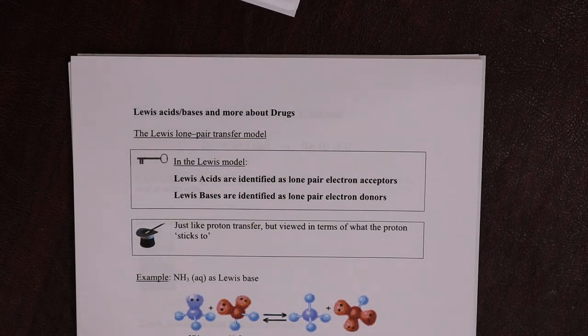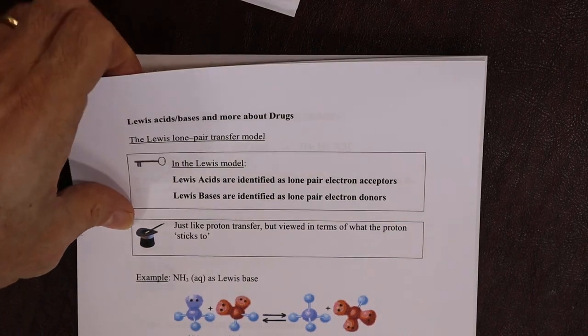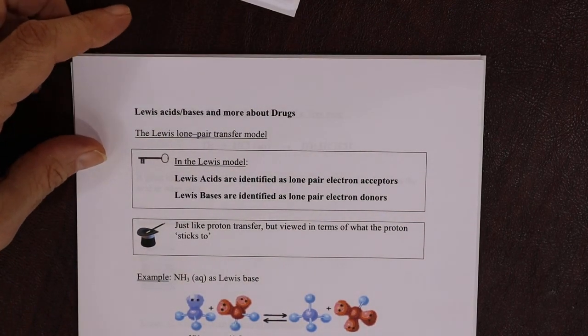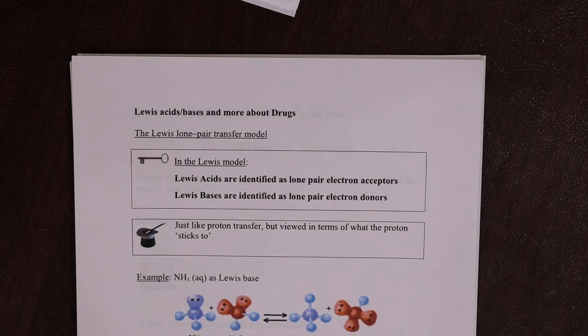Now, more about drugs. If you remember, we've talked about different kinds of acid. There's the standard Arrhenius, and that's true for all acids and bases. Every acid and base truly is an Arrhenius, which basically means it increases H+ if it's an acid and increases OH- if it's a base, increasing those ions in solution.